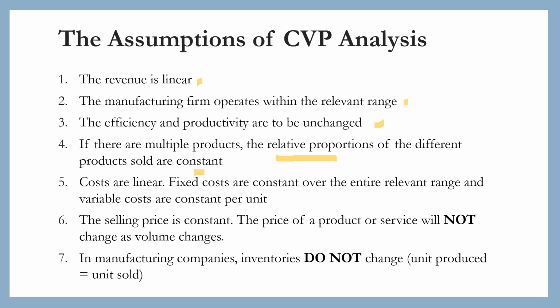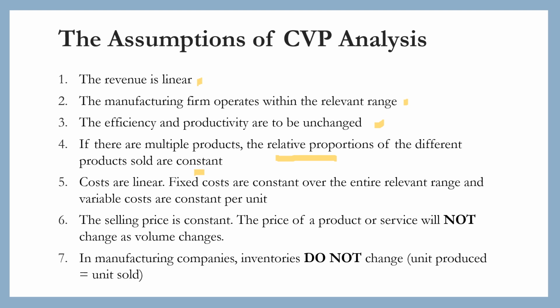So the fixed costs are assumed to remain constant over the entire relevant range of activity, and variable costs are assumed to remain constant per unit of activity. So this simplifies the analysis by assuming constant cost structures regarding changes in volume.